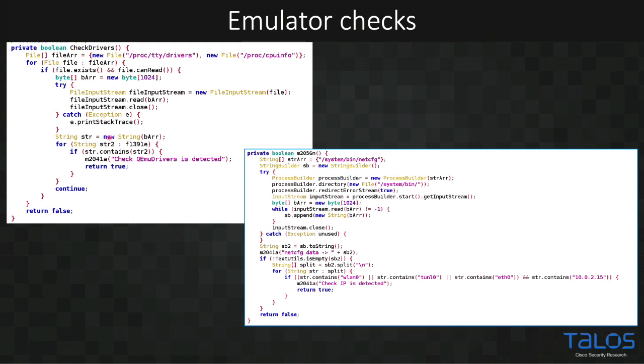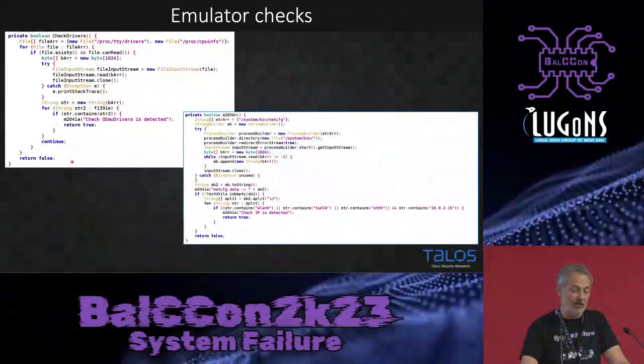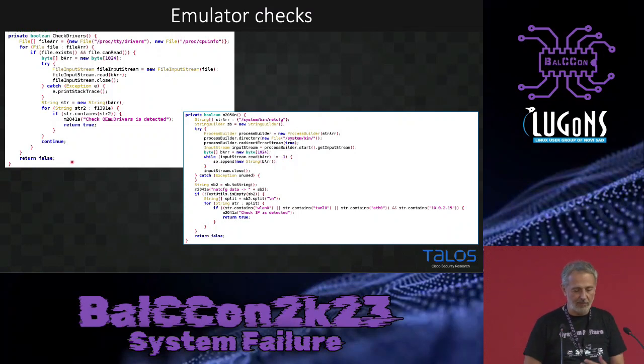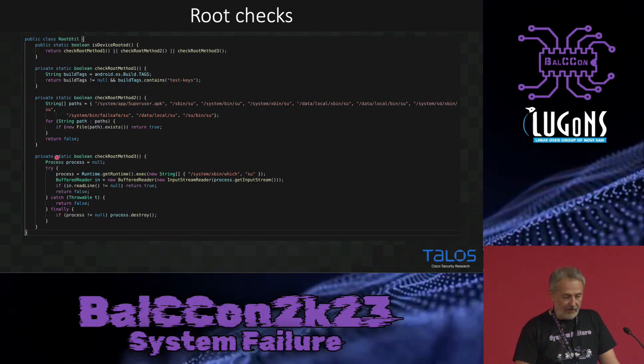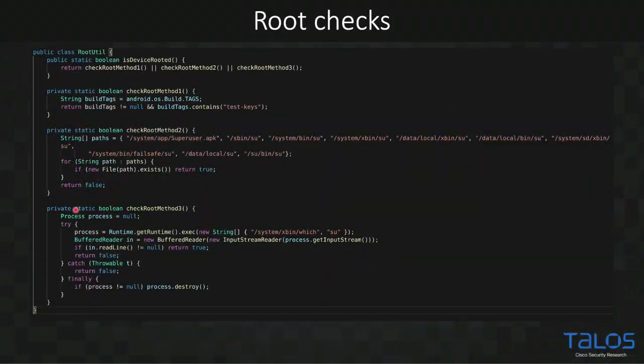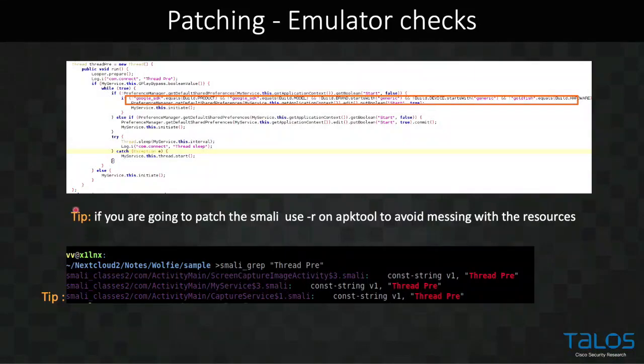Both of those functions are Boolean functions, and so, as you can imagine, we can use Frida to intercept those functions and simply return false, meaning we didn't find any emulated environment. Another common check is for file names and programs which are associated with the fact that the phone has been rooted.